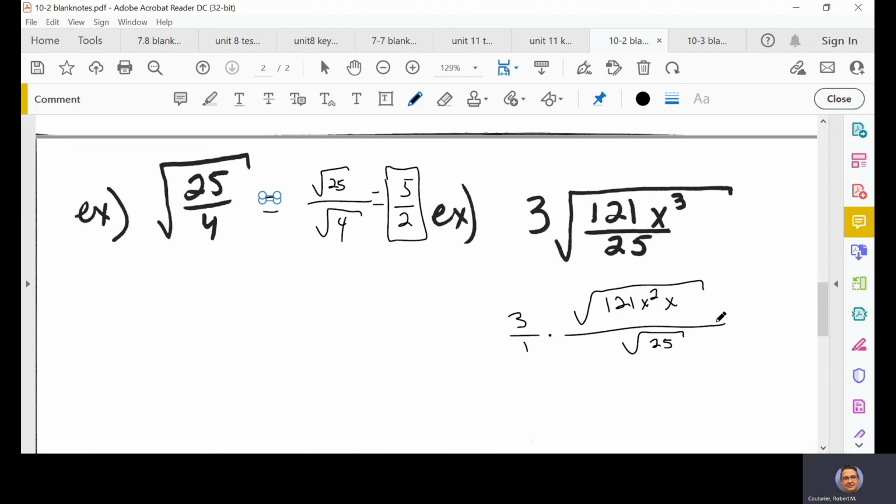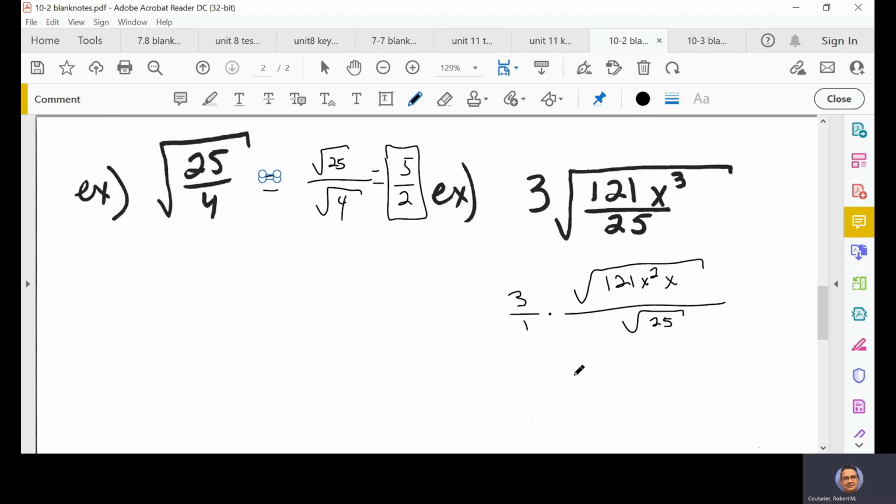All right. Now the square root of 25 is 5. And then look at this. This is what, 11? And you have one x come out. 3 times 11 is 33x. Square root of x. And like that, you're done.